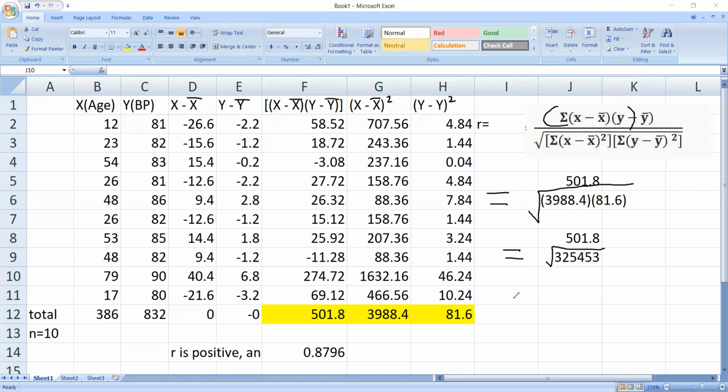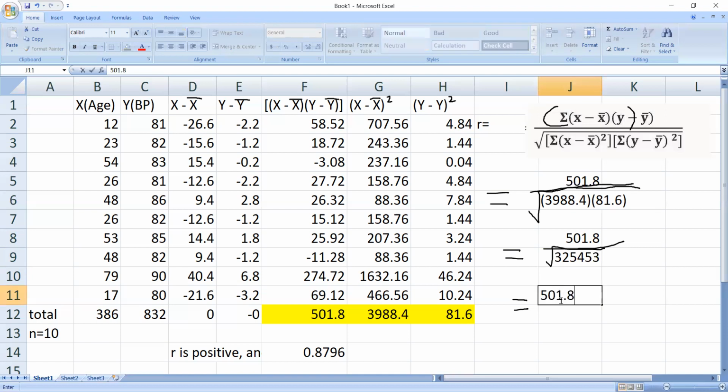So when you take the square root and divide 501.8 by it, you will get 0.8796.